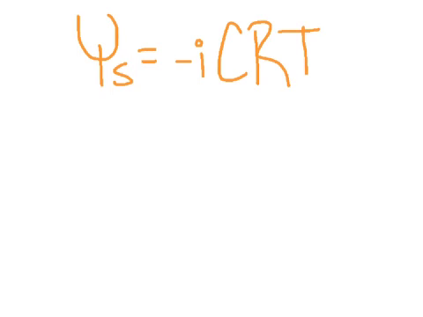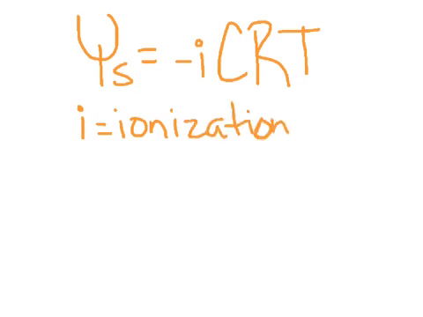Now, what do each of these things mean, okay? I is equal to the ionization constant. And the ionization constant is just how many ions does whatever the stuff that's dissolved in the water make when it's in water.